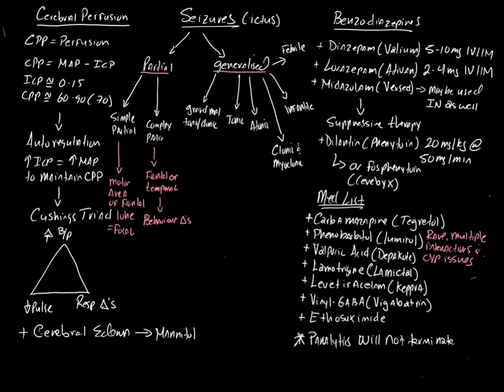A less common form of herniation is what we call uncal herniation, where the brainstem gets herniated through the foramen magnum. Does that make sense? That's far less common, and it makes sense that supratentorial herniation is more common just due to how much of the brain you have above the tentorial shelf.